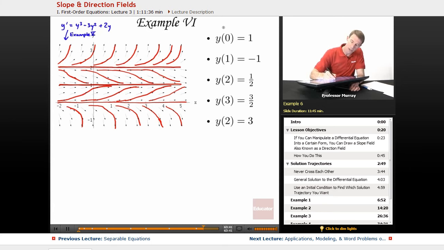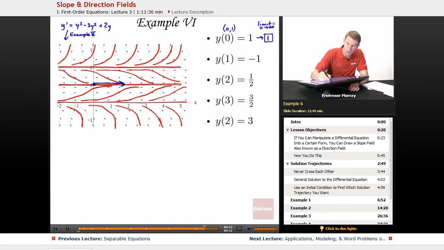So this first one, I'm starting at the point x equals 0, y equals 1. Let me find that. That's right here. x equals 0, y equals 1. And I see that that's just going to follow this straight line solution trajectory. So the limiting behavior there, the limit as x goes to infinity of y of x, is just going to go to 1, because it's just staying there at y equals 1.